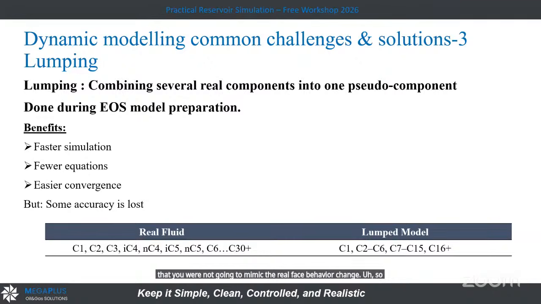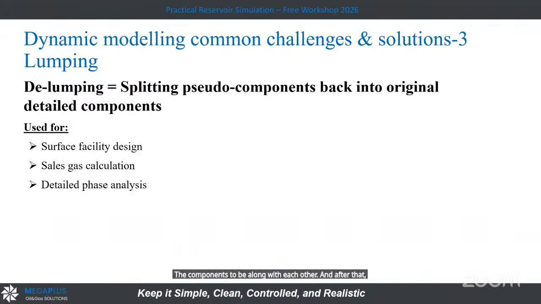So you need to know exactly the components to be lumped with each other, and after that the model or other simulators can delump. After production, the production will go to surface facilities, all of which need a full composition to take care of it in terms of planning, to make compressors, separators and all of that.